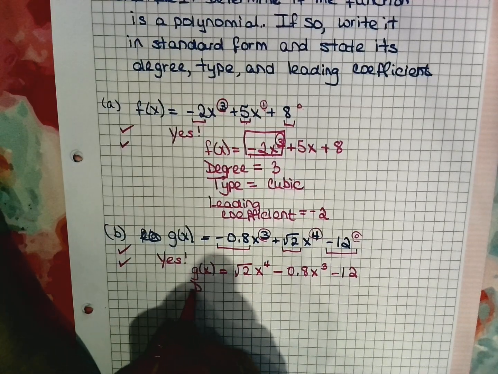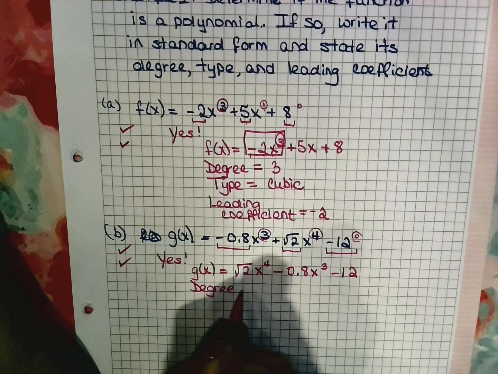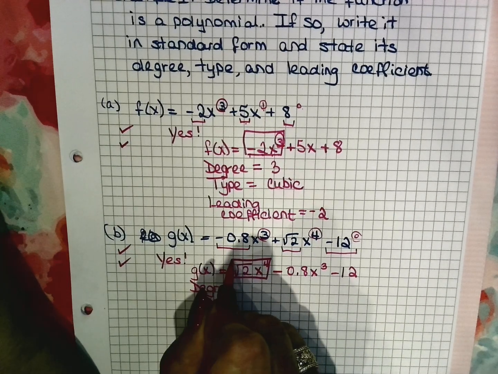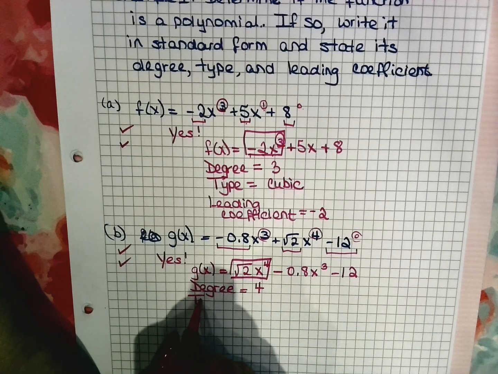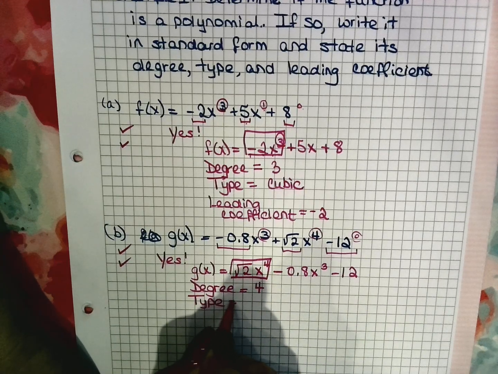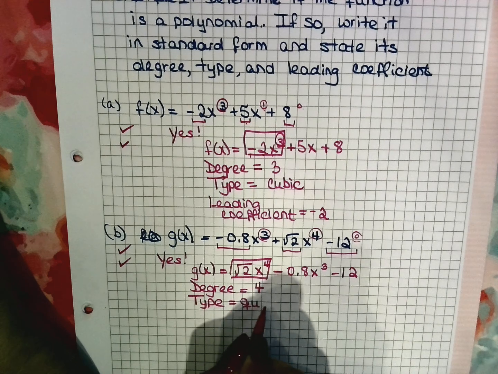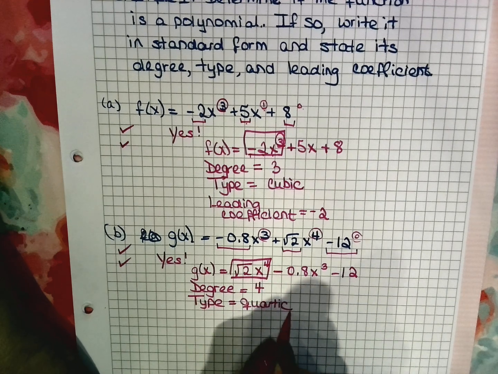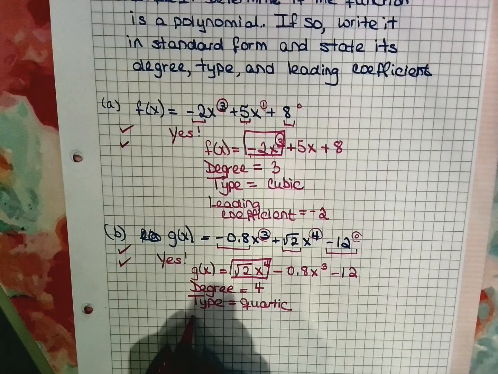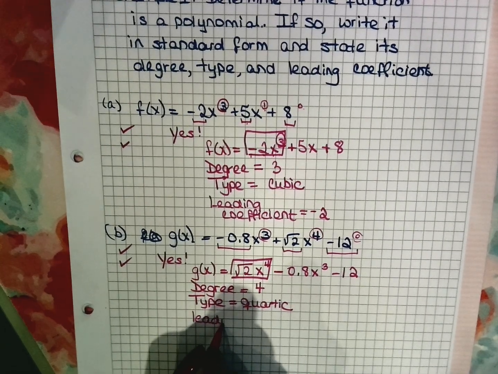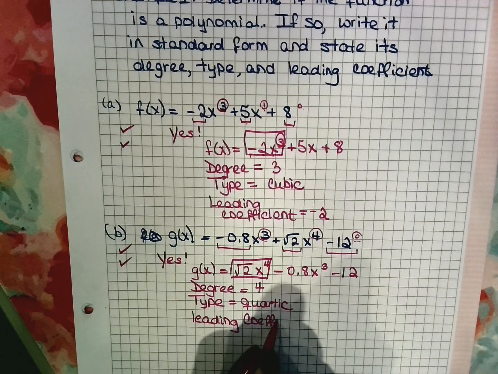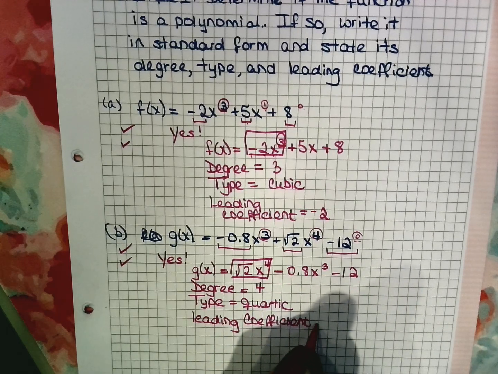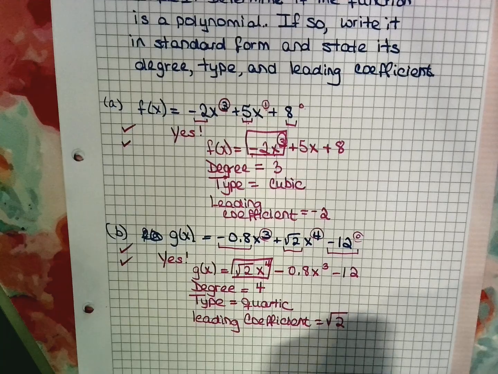The degree of this guy, again, this is all coming from this first term here. The degree is 4. That means that the type is a quartic. And the leading coefficient is the square root of 2.